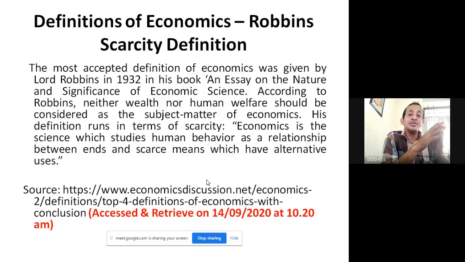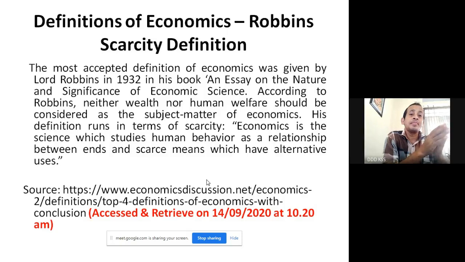But in general, all human activities to satisfy material needs are considered economic activity.